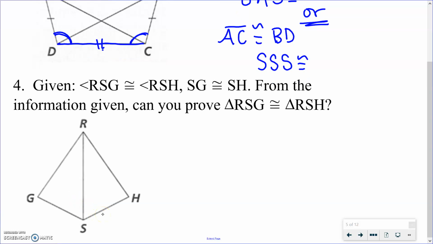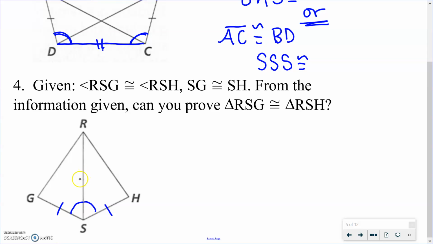Now we're given this information that angle RSG and angle RSH are congruent. Okay? And SG is congruent to SH. It says from that information, can we say that triangle RSG and RSH are congruent triangles?